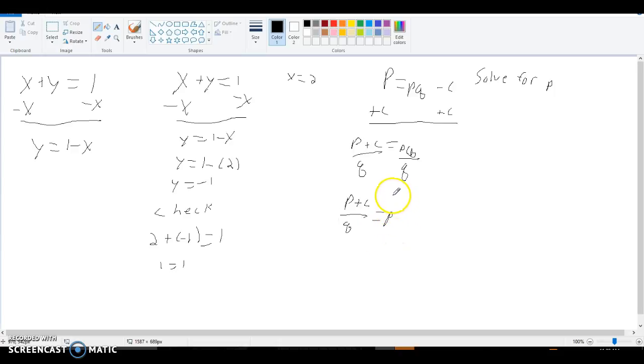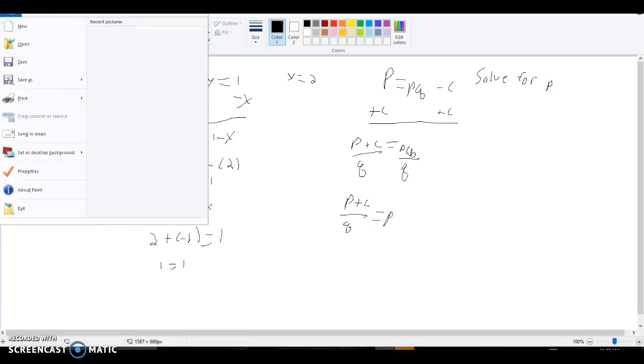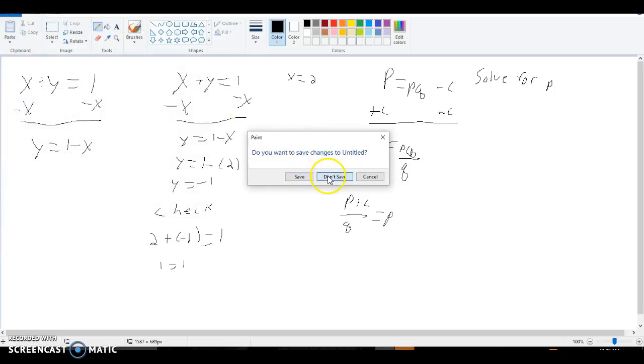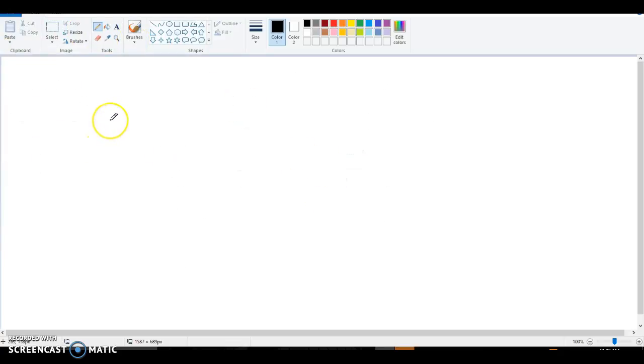Now, some of your formulas, like your area of a triangle or converting to Celsius and Fahrenheit, will have numbers in them already. So, if we look at the conversion for Fahrenheit and Celsius, we have Fahrenheit equals 9/5 Celsius plus 32.